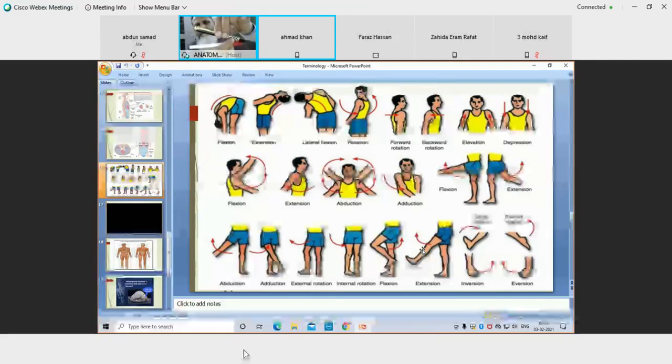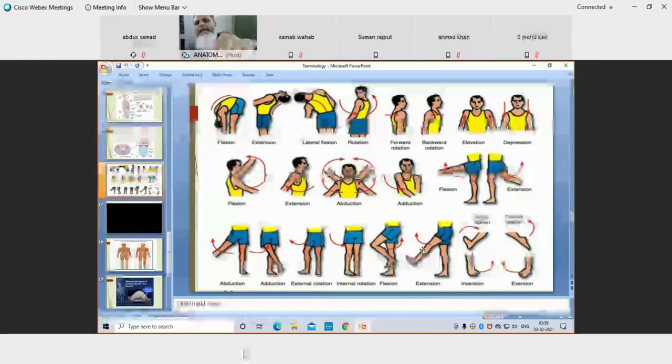Angle. The angle is decreasing. If they are going away from each other, which entity is increasing? Angle. Yes, now you have understood that.